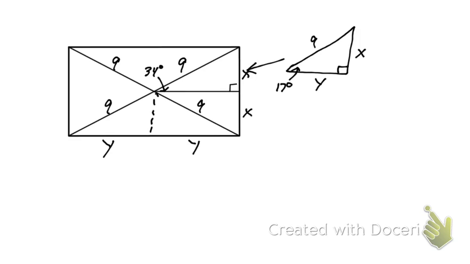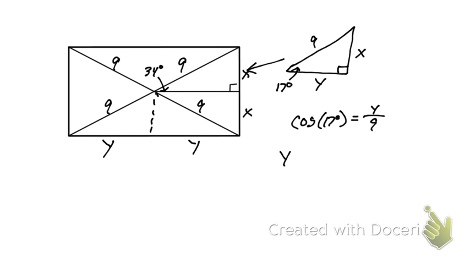If I was looking for y, I would use adjacent over hypotenuse. So I'd use cosine of 17 degrees equals adjacent over hypotenuse.